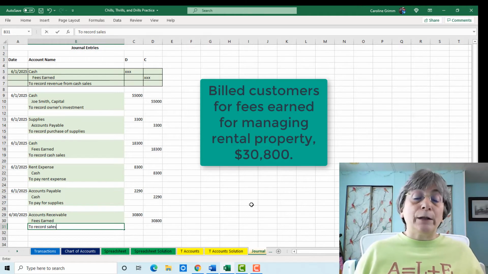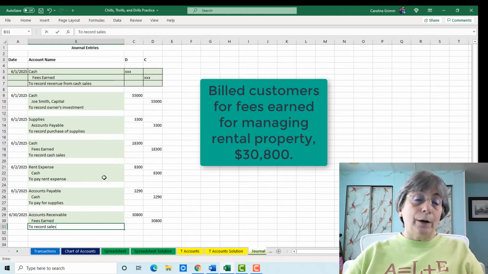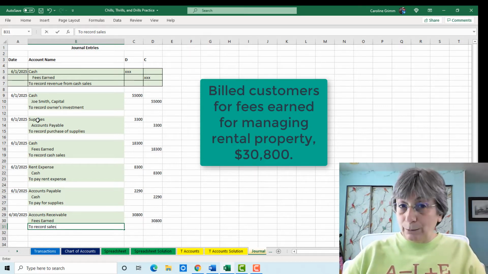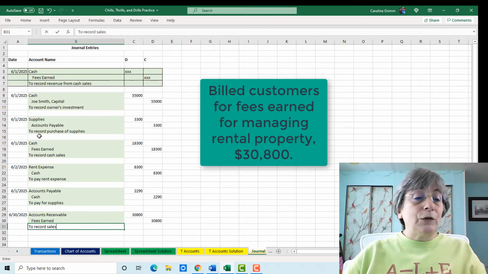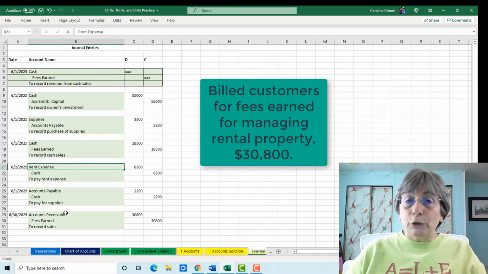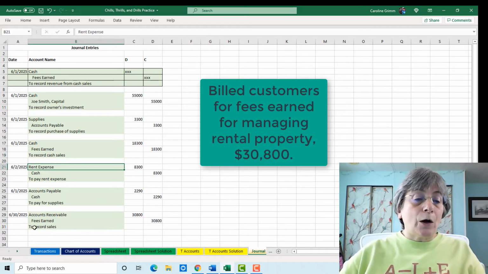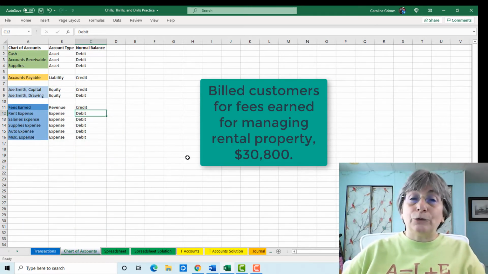Now, let's stop right there and take a look at what we're not doing here in these journal entries. So we are not creating random account names. We're not saying rental expense instead of rent expense. And the reason that we are calling these things very specific names is because of our chart of accounts.